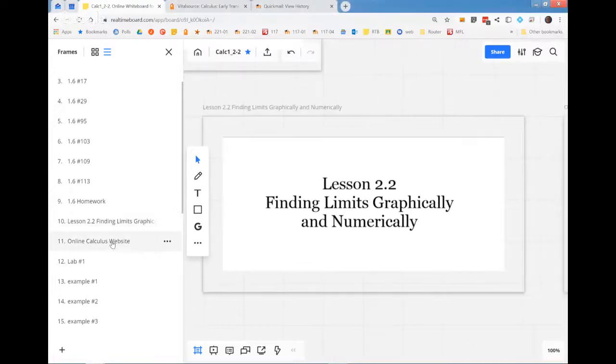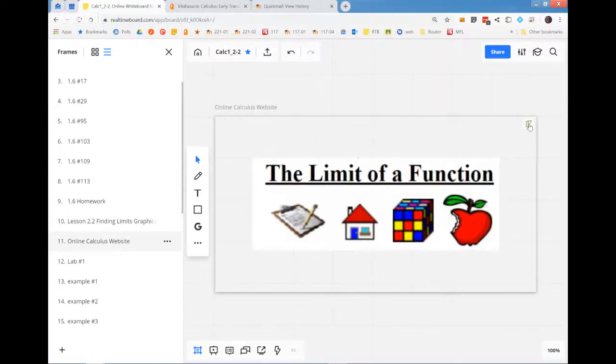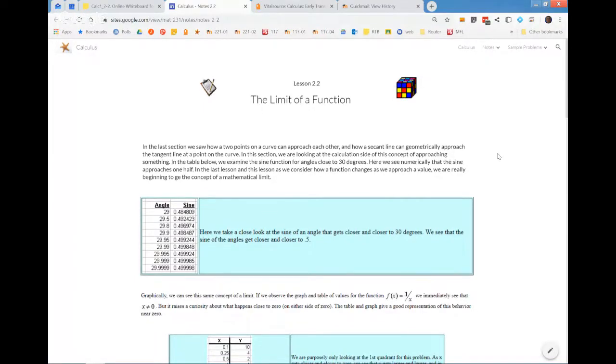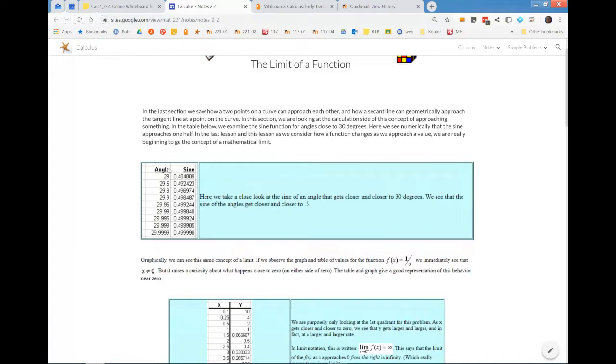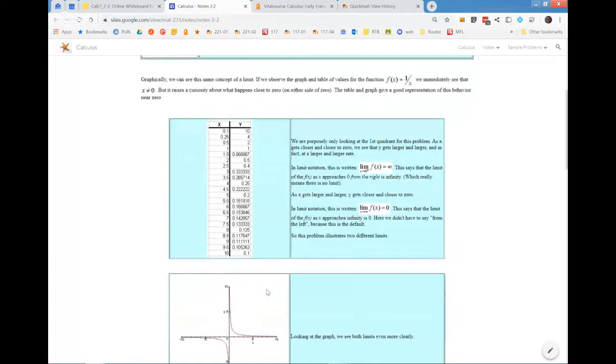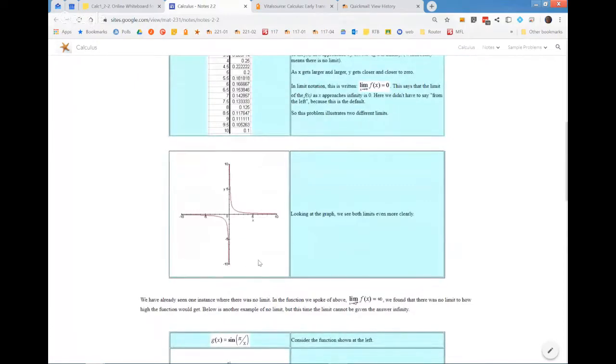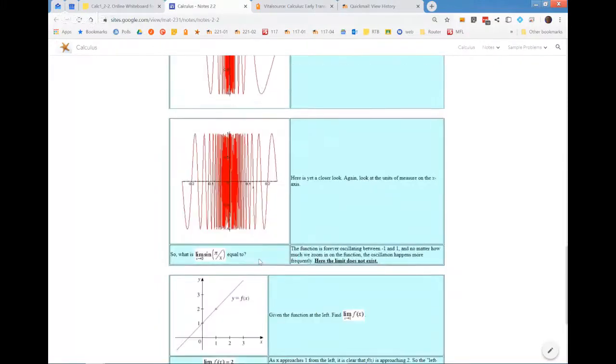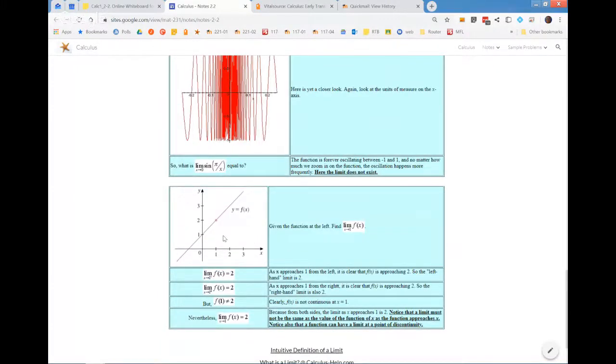Just a reminder that if you go to the link for this lesson, you should see this website, and you'll see the same kind of thing going on here that we're going to be doing today. You see how we have a chart here that we're looking at to try to discover patterns. Here again, a chart, and then we're going to be looking at the actual graph of the function, and we'll try to find a function with a hole in it.